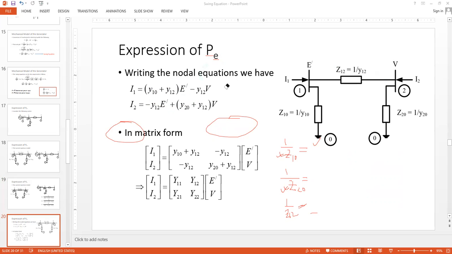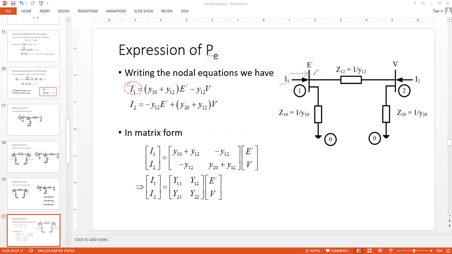Now once we are done with this T to Y to delta conversion, what we will do next is simply apply KCL at nodes number 1 and 2. At node number 1, if we apply KCL, what do you get? This is the current injected at node number 1, so this is I1. Remember, all these are phasors, so they have some magnitude as well as some phase angles.